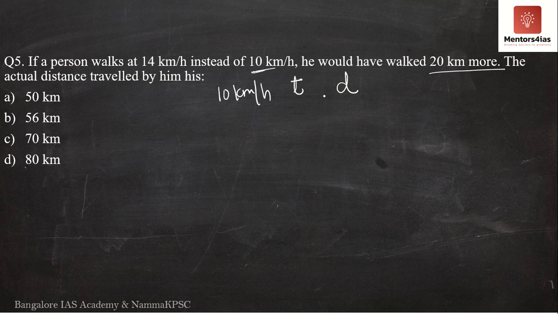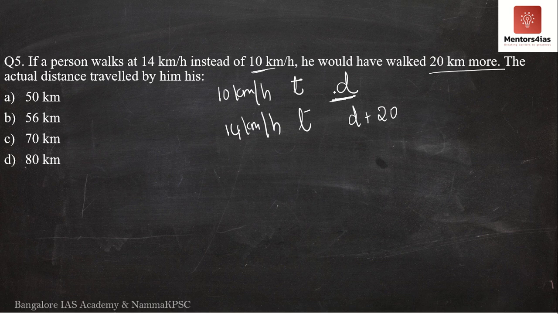But now the question is saying, instead of 10 kilometers per hour, if he would have walked at 14 kilometers per hour, then in the same time t, he would have covered 20 kilometers extra. Therefore, he covers d plus 20. So we have to find out the value of d.